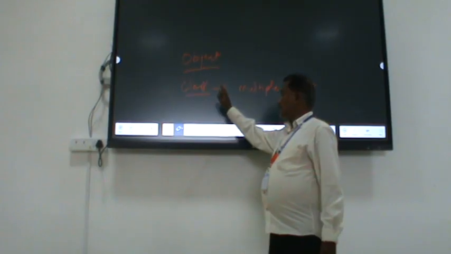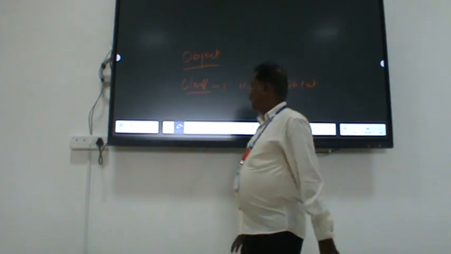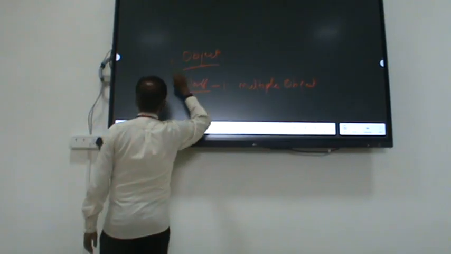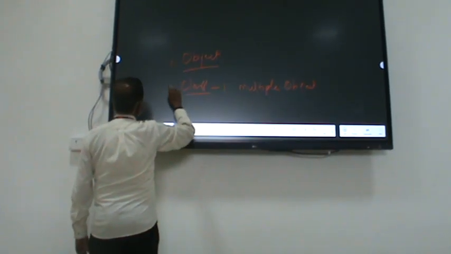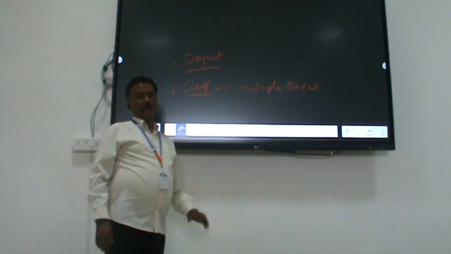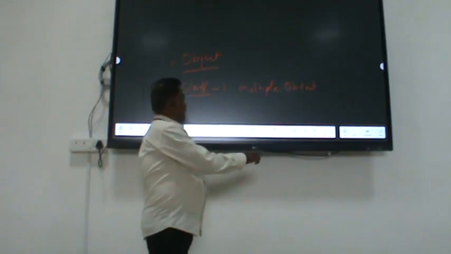So object and class, now I think you should be clear. These are the two major concepts that you have to learn first in object-oriented programming. Next we will go to the other concepts like encapsulation.